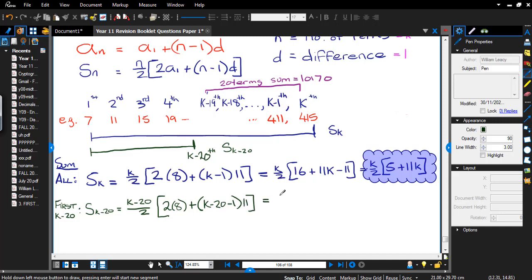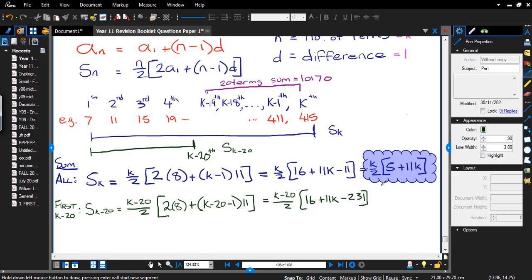So that is going to be k minus 20 over 2 times 16 plus 11k. Now, minus 20 minus 1 is minus 21. Minus 21 times 11 is minus 231.